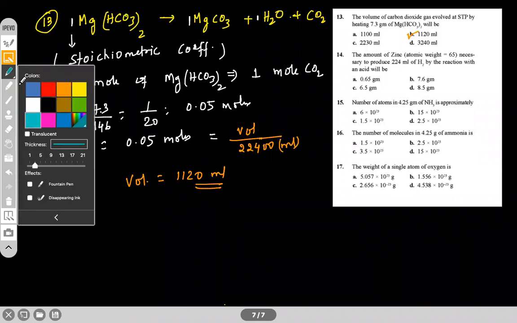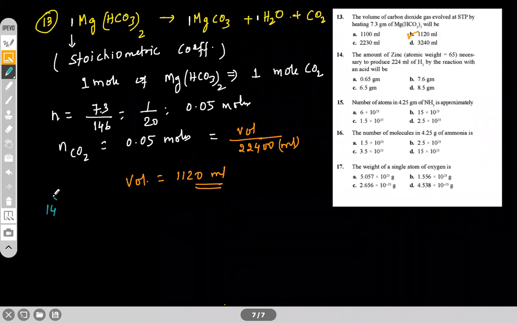Next, question number 14. What is the answer? All of you have got A? Zinc on reaction with an acid.